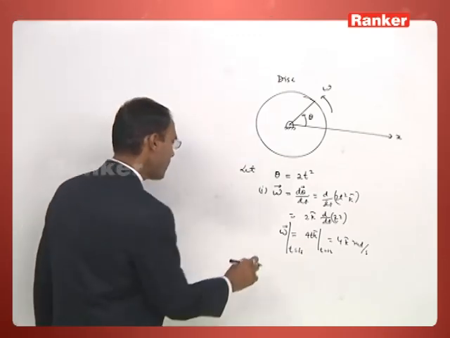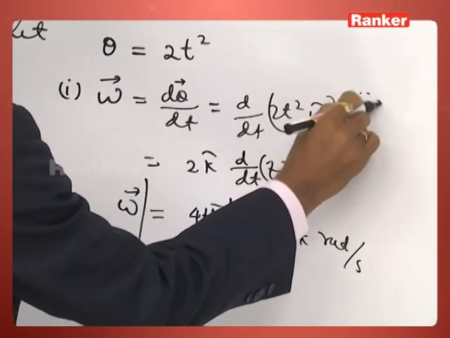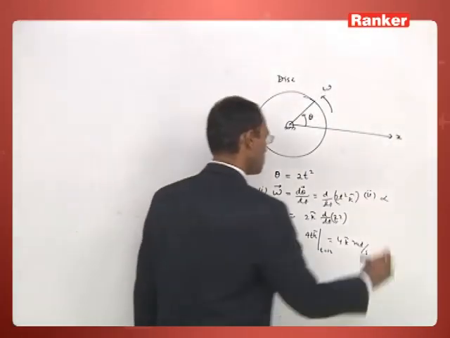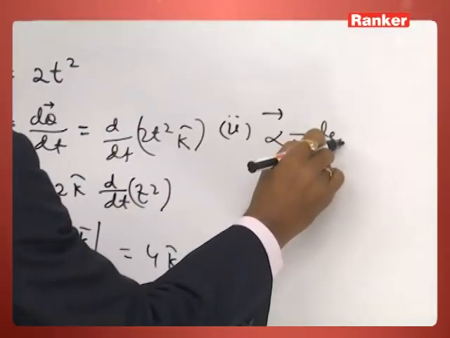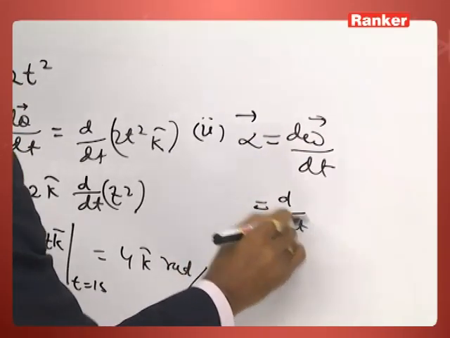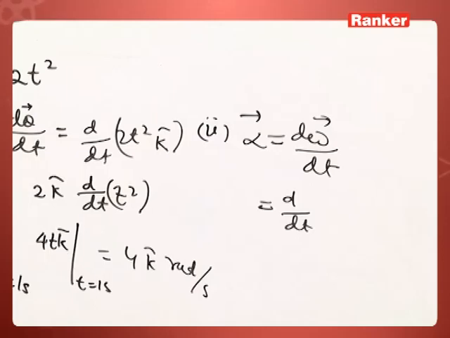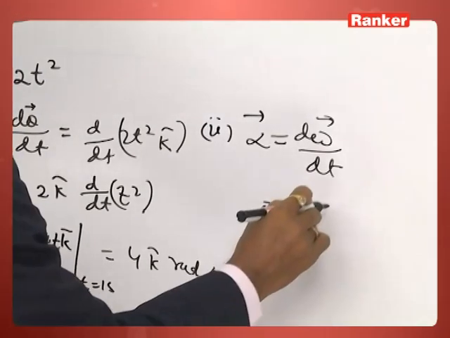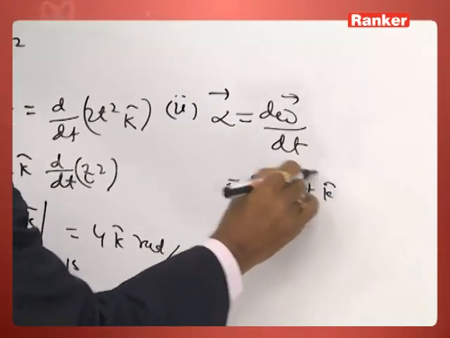Then what is alpha? Angular acceleration is equal to d omega by dt. d by dt upon how much omega you are getting? Function 4t kf.